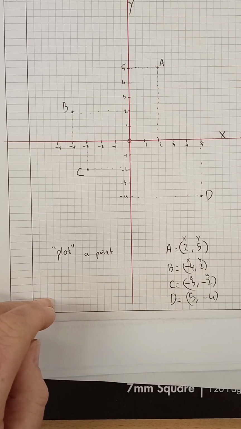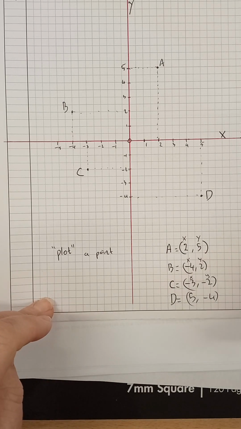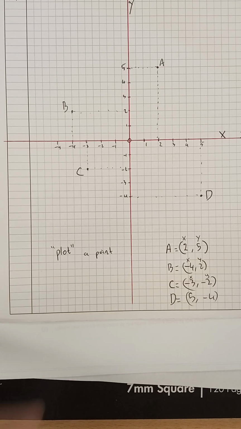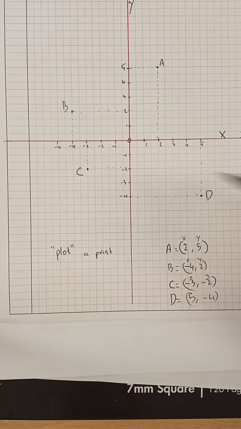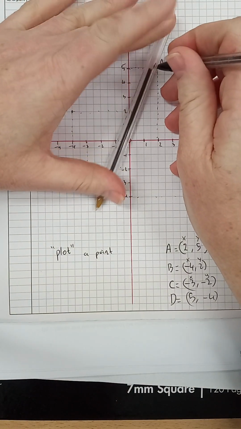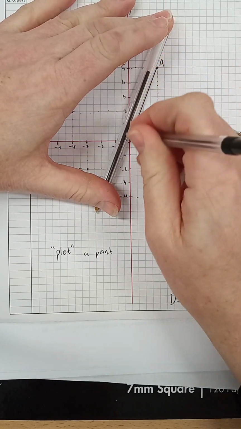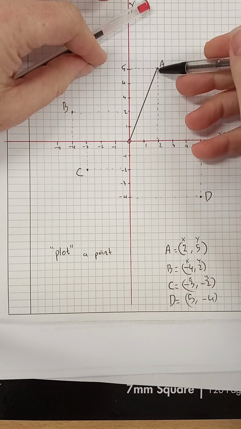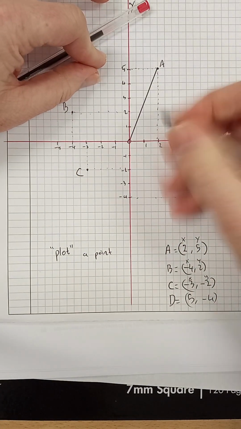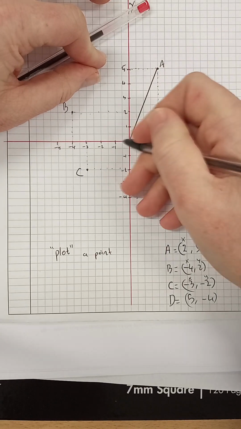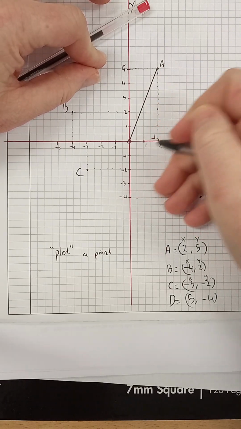Now when it comes to actually doing the mathematics of this, these points don't exist independently. If you look at them very carefully, if I was to draw each of these points, let's take A. If I was to draw A back, you will notice that it creates a right angle triangle with the horizontal line.